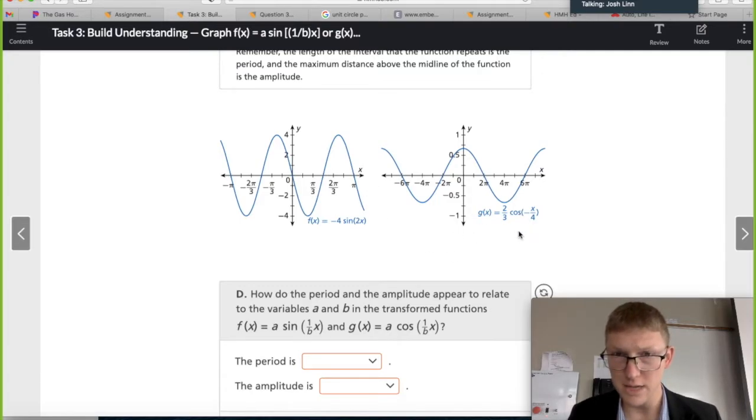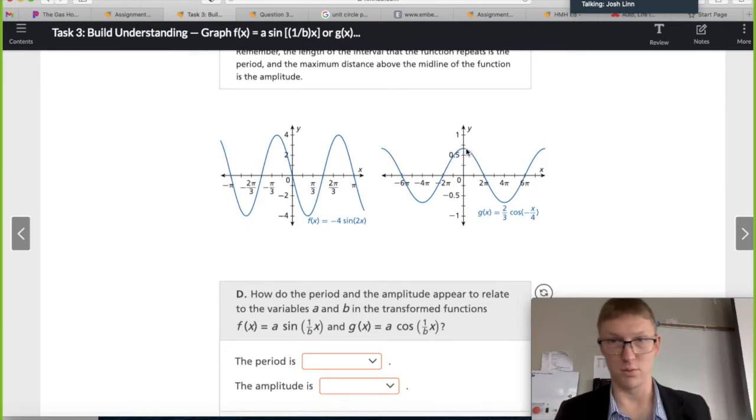So here, same thing, our amplitude is on the outside, so 2/3. That's what this decimal point is there for. I don't know why they switched to decimals, but whatever. And then our cosine of -x/4. So our cosine is going to get back to our 1 in this case, or 2/3, a lot slower because it has a 1/4 on the inside.